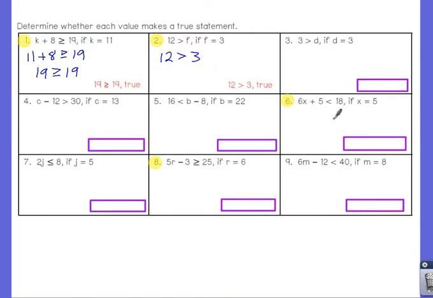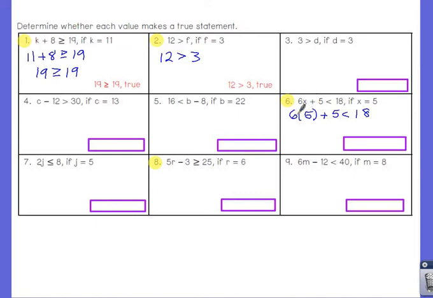I'm going to skip to number 6. I've got another inequality. What am I plugging in for the variable? 5. Well, what operation is this 5 about to do? How do I know it's multiplication? Because they're sitting next to each other. The variable is being multiplied.